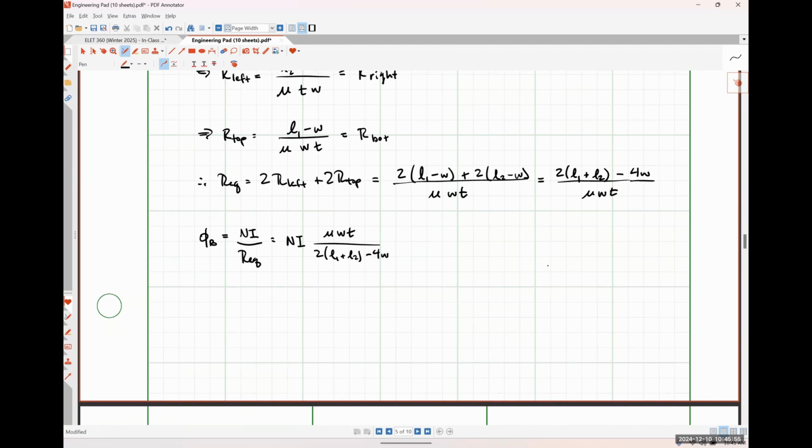And that's good enough to go. If we wanted to know H, for example, that would just be Ni over our average flux path. So that would be Ni divided by twice (L1 plus L2), sorry, minus 4W.